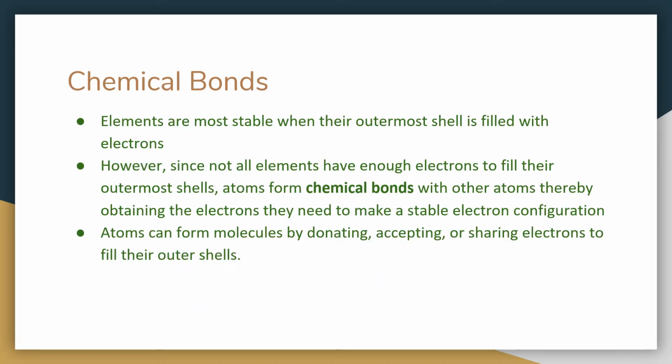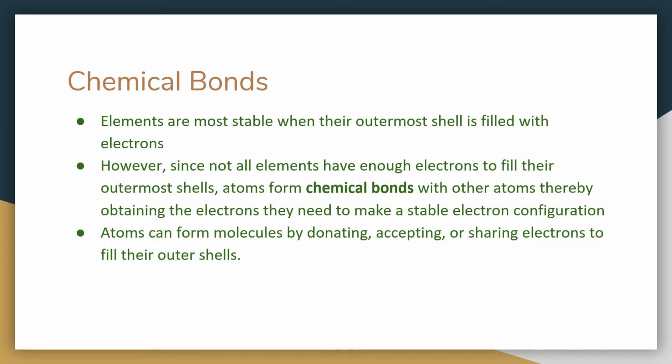Alright, so talking about chemical bonds, we talked about this in the last video, how elements are most stable when their outermost shell is filled with electrons. If the outermost shell is missing an electron, then it's considered unstable or not as stable. However, not all elements have enough electrons to fill their outermost shells.